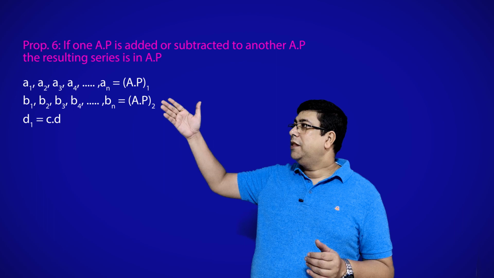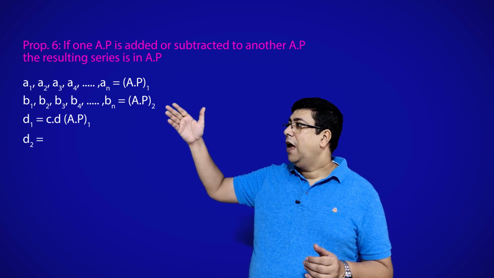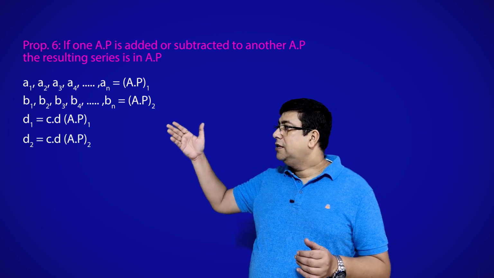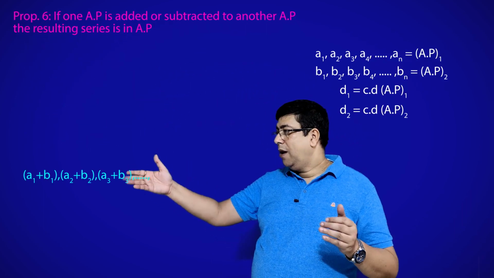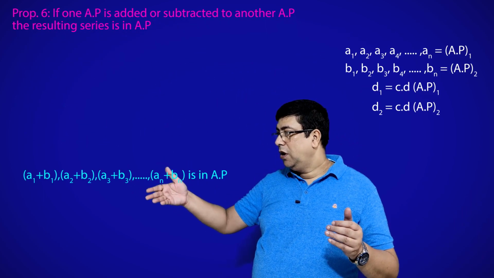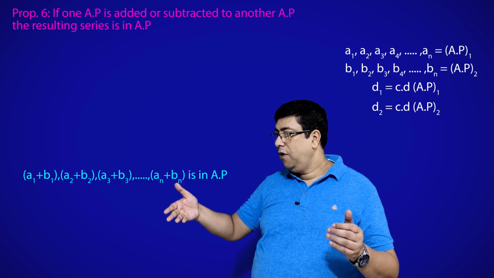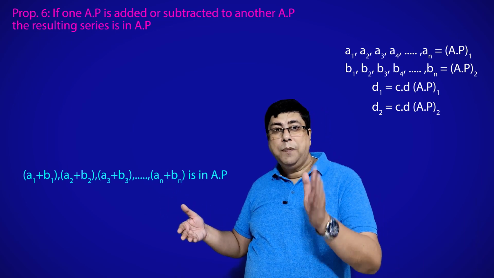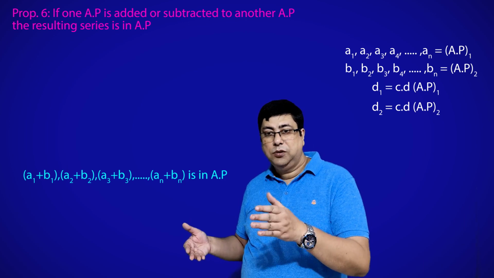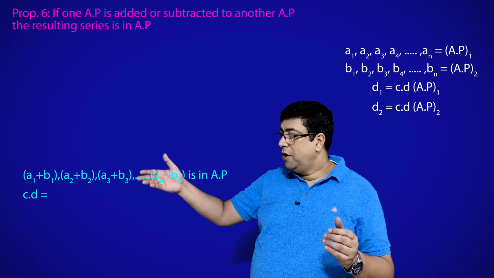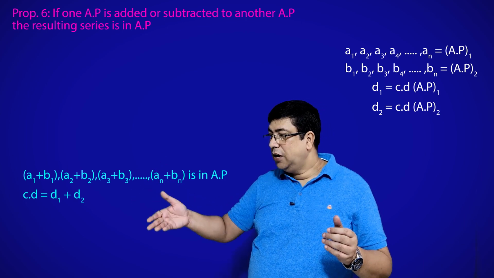Suppose D1 is the common difference of the first AP and D2 is the common difference of the second AP. If we add term by term, A1 plus B1, A2 plus B2, A3 plus B3, A4 plus B4, this is also in AP. You can verify with some examples also. In this case, the common difference is D1 plus D2.